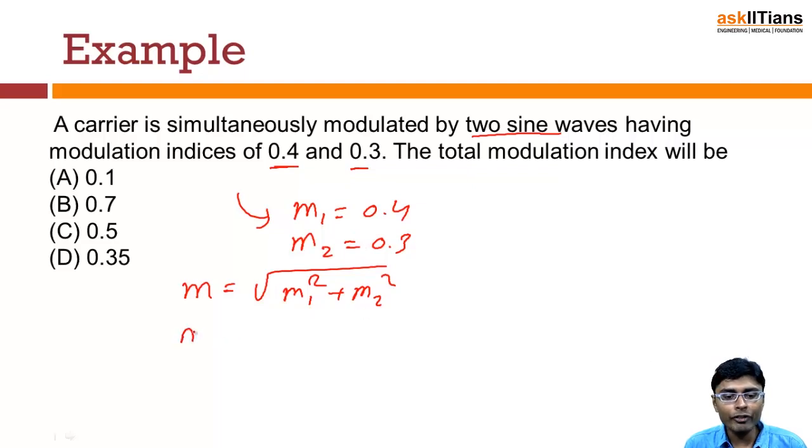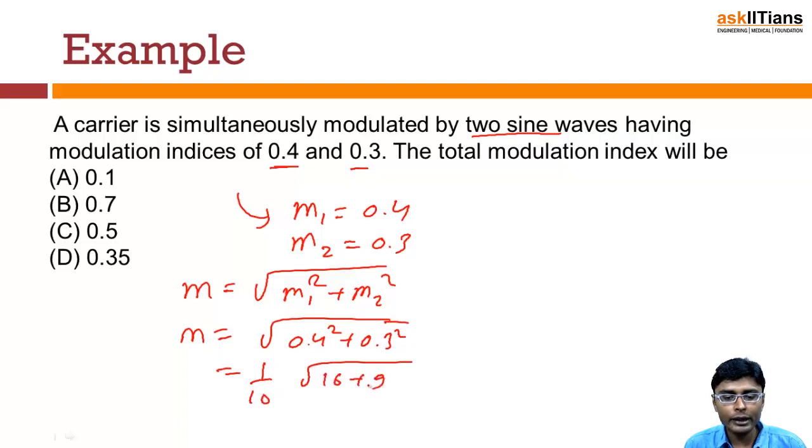So M will be the square root of 0.4 square plus 0.3 square. This will be 1 by 10 of the square root of 4 square plus 3 square, that is 16 plus 9, so 1 by 10 of the square root of 25, which is 5 by 10, equal to 0.5. Therefore the answer for this question is option C.